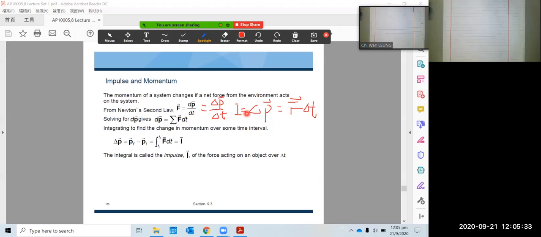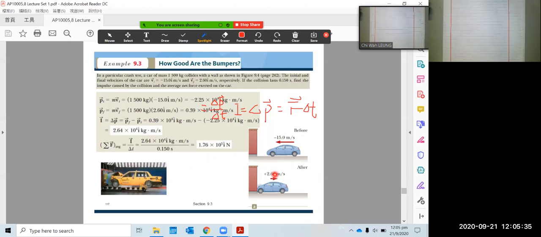For example, you have a car initially moving at 15 meters per second, and then it hits a wall and comes to rest. So the initial momentum is the mass of the car times 15 meters per second. The final momentum is the mass of the car times 0. There is a change of the linear momentum.